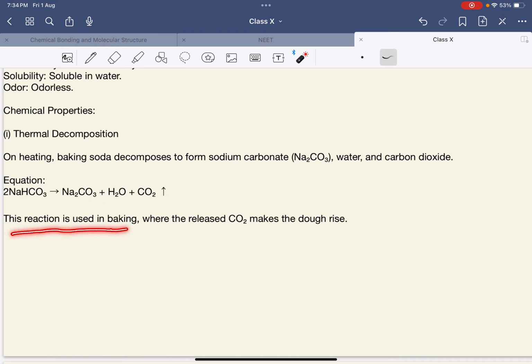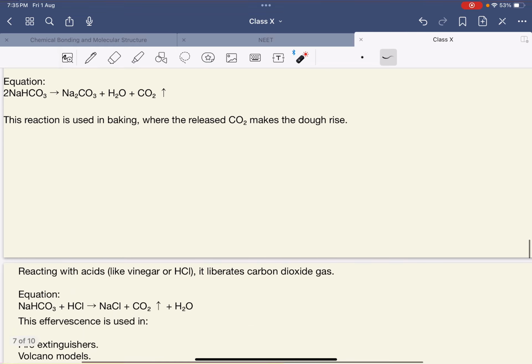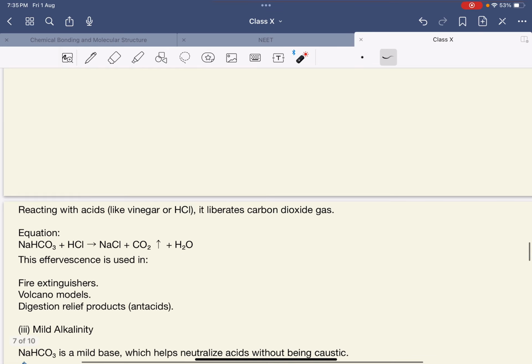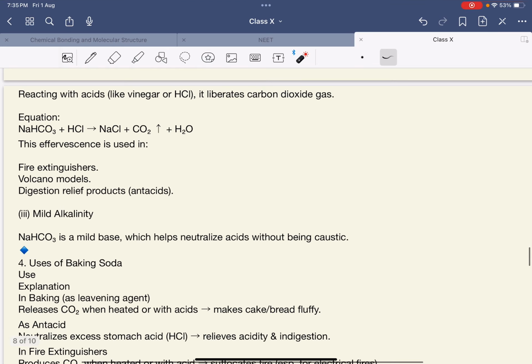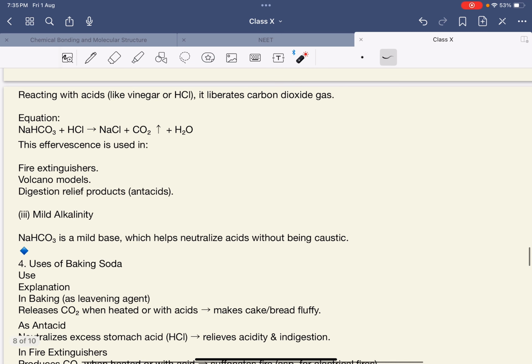This reaction is used in baking, where the released CO2 makes the dough rise. When carbon dioxide is released, the cake becomes light and some holes are created. Then a reaction with acids like vinegar or HCl liberates carbon dioxide gas.